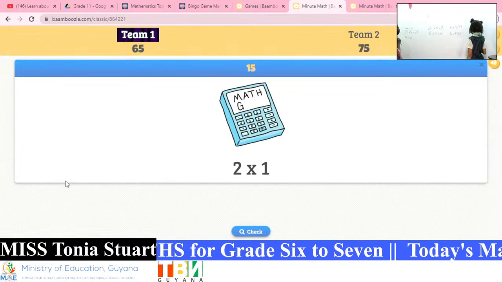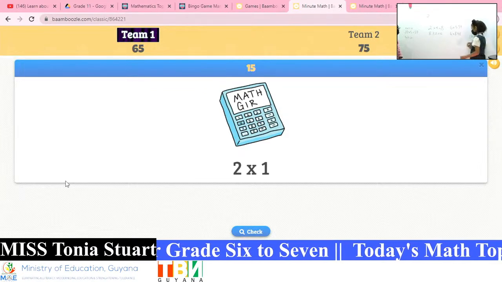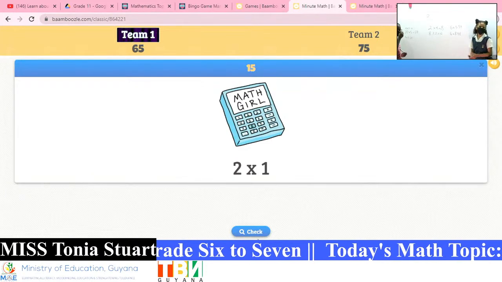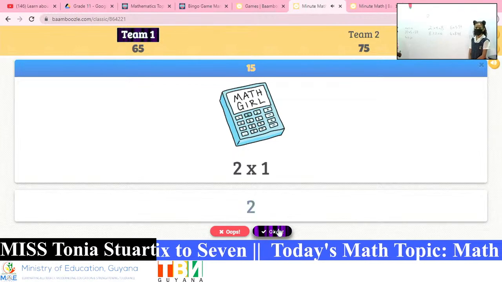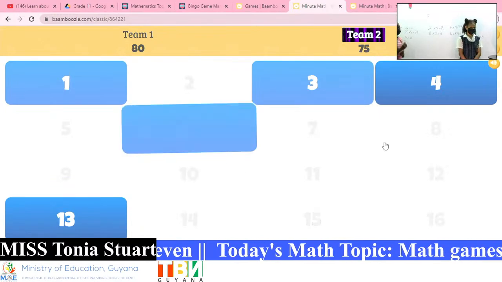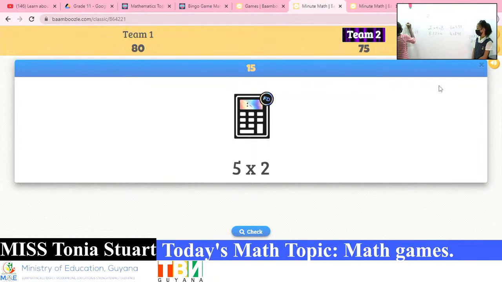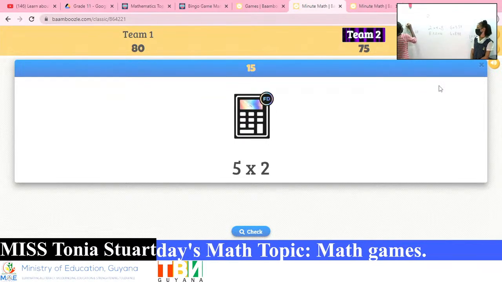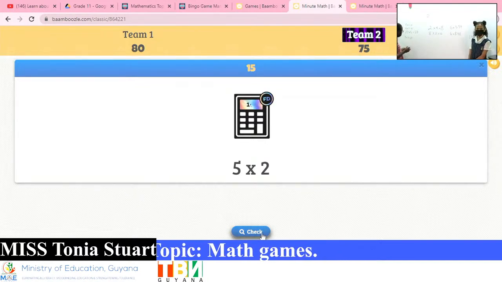2 by 1. 2 by 1 equal to 2, all right? Great. Okay, you're kind of blocking your answers, but it's all right. Yes, Alicia? 4. 5 by 2? 5 twos are 10.